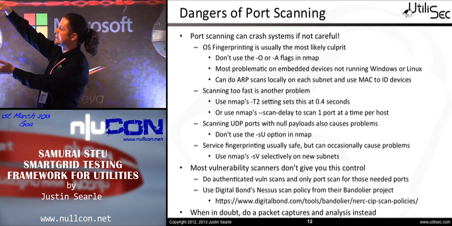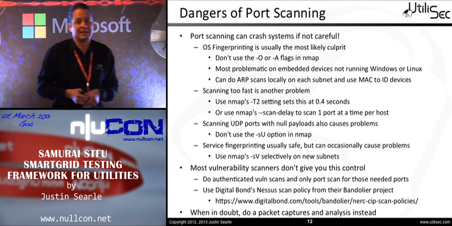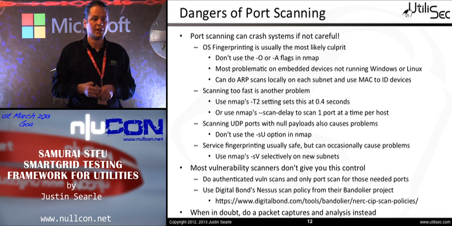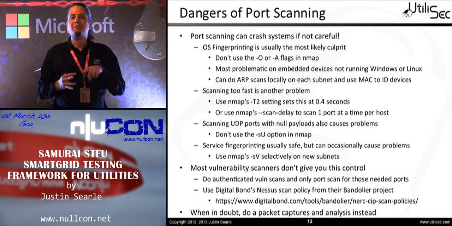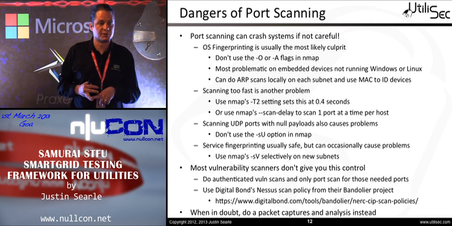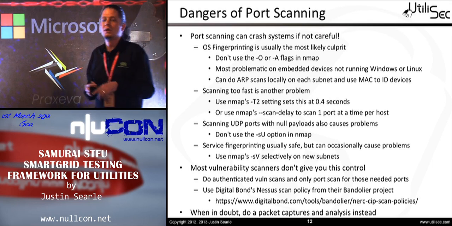Like here's a little hint for what are some of the do's and don'ts that you should follow if you ever need to do port scanning inside of the control network. Like never doing any type of OS fingerprinting. Making sure you're slowing down your port scans so that you're not sending too many packets to a single host at a given time.